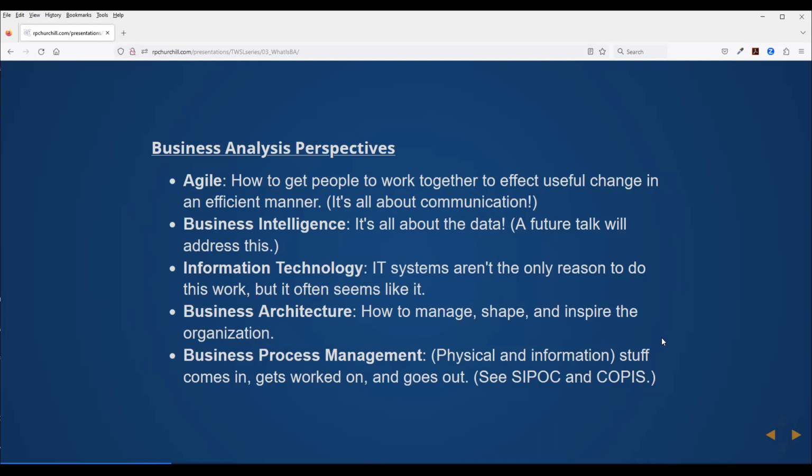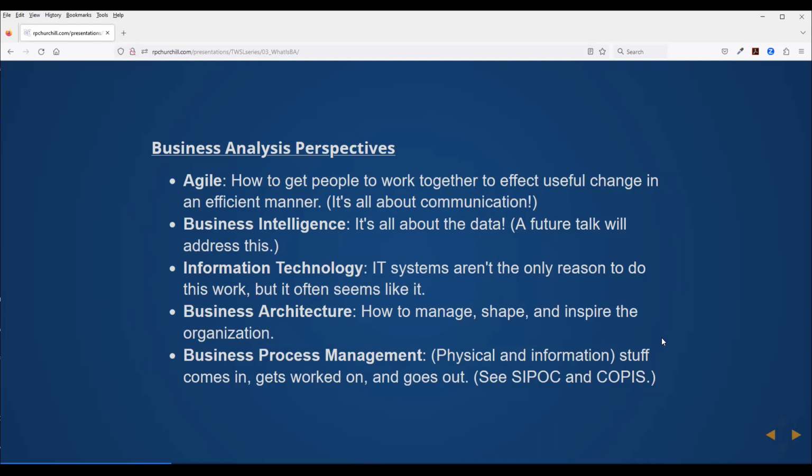It's really germane to problem solving in group work and organizational efforts on a much larger and more general scale. Business architecture is about how the entire business is formed, how it's managed, how it's shaped, how it's inspired, and so on.